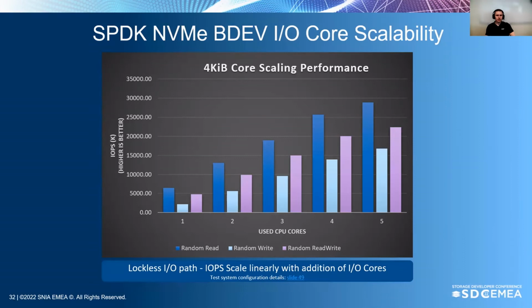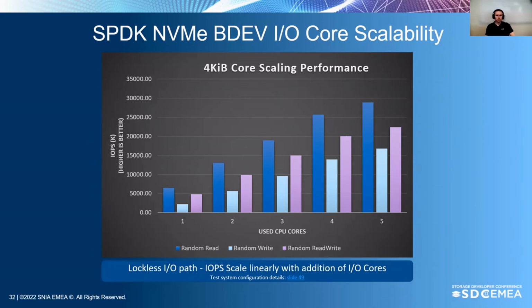Next, let's take a look how the I/O path in SPDK and NVMe bdev scales as we increase the number of I/O cores used by the benchmark. For 4 kilobyte random read workload, the IOPS scale linearly to almost 30 million IOPS with 5 CPU cores, which saturates the NVMe SSDs installed in the platform completely.